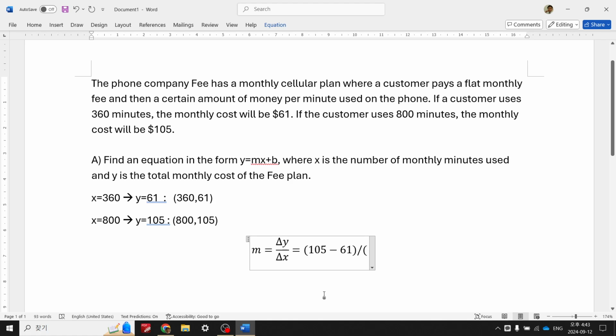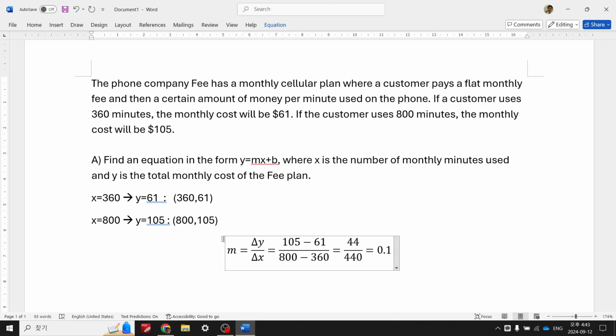What's that? 800 minus 360, okay? All right, so that's going to be, let's see, the top will be 44. And the bottom will be 440. Okay, that's easy. So if you cancel the 44 top and bottom, what do you get? You get 0.1. You can also just punch this into the calculator and you get 0.1.